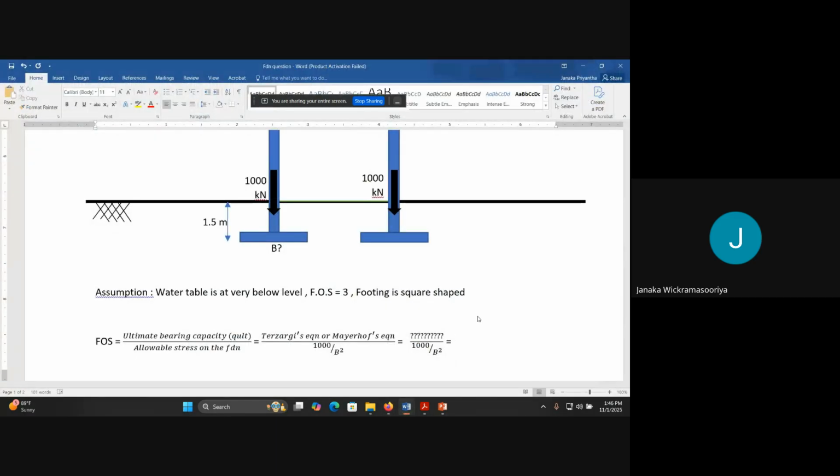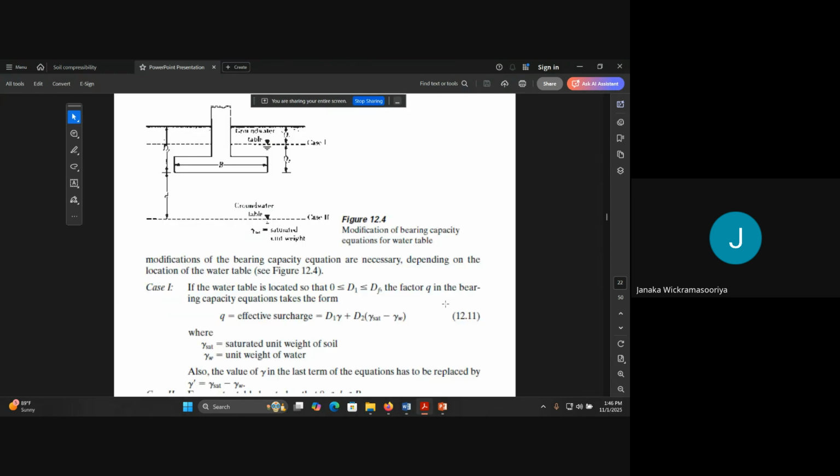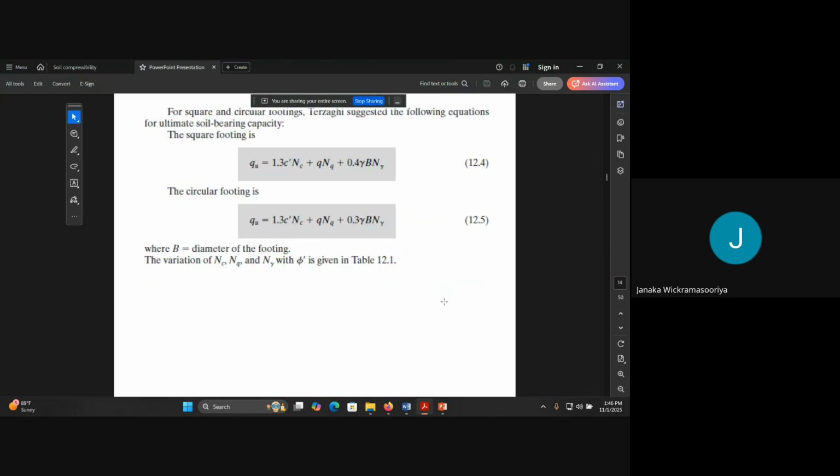Right. For this one, you can use this equation.